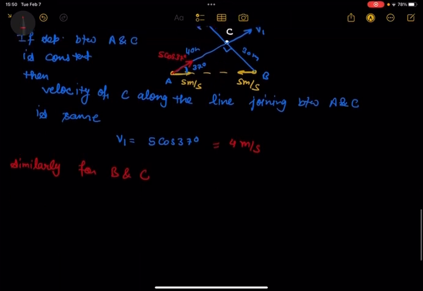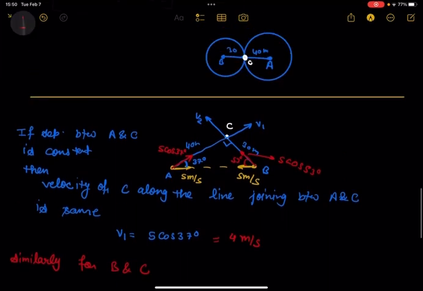So V2 is equal to 5 cos 53 degree. So 53 degree means 3 meter per second.